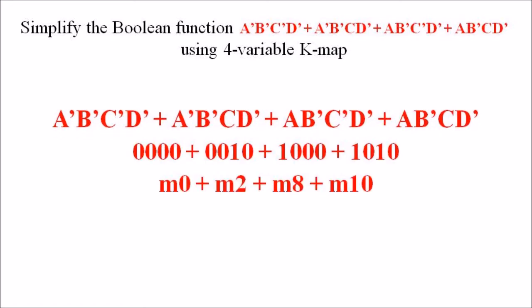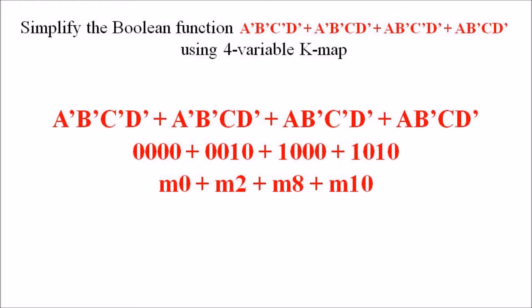While examining this function, it has 4 different variables, that is a, b, c and d, and we can see that all the individual terms of this function have all these variables. Thus, the given function is a complete function. If it is not a complete function, we should ensure that all of the individual terms have all these variables. Here, the given function is a complete function.